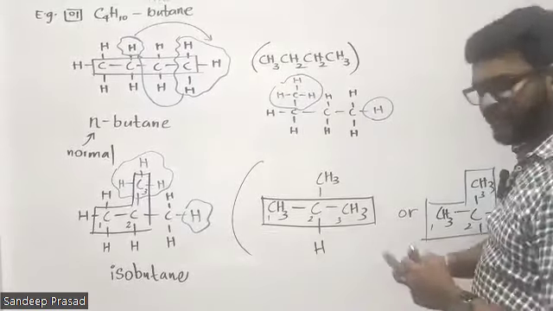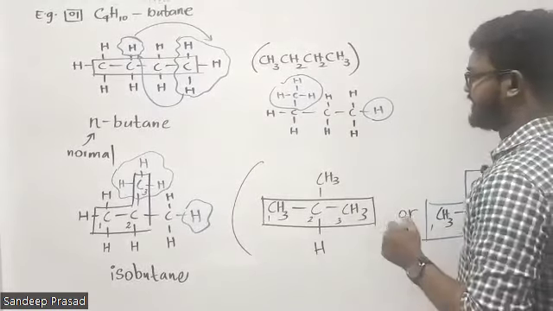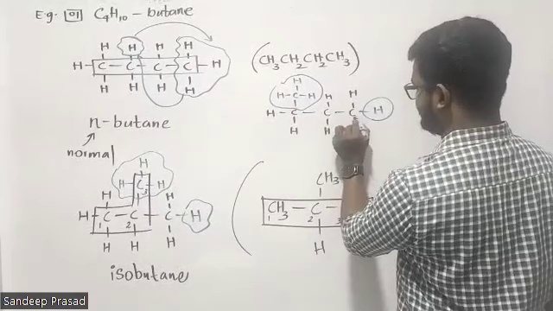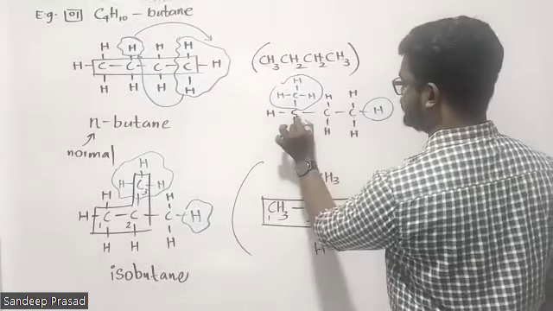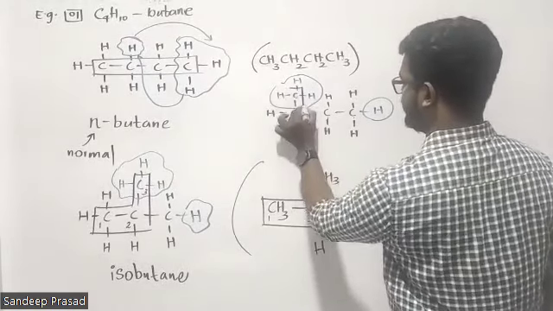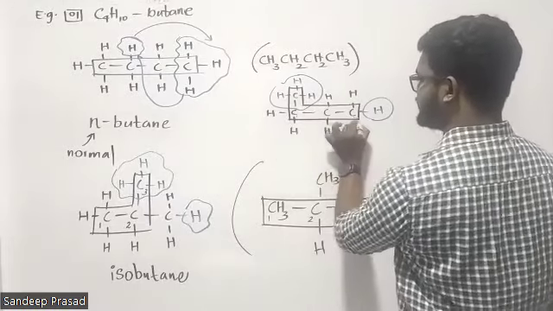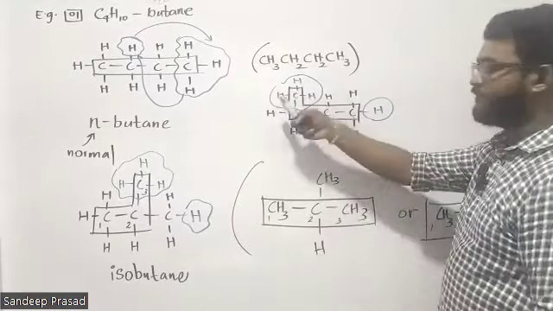Now, Gimani, count the number of carbon atoms in the chain. We can start from here: 1, 2, 3, and you can go up. Then how many carbon atoms are there? 4. That means you have obtained the same thing.